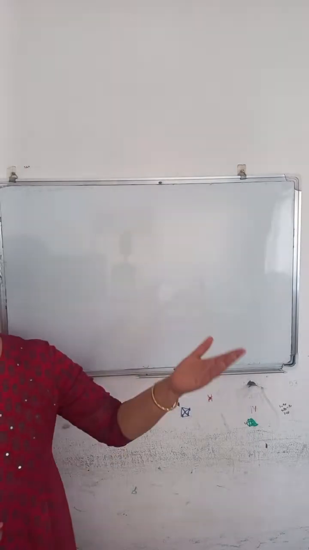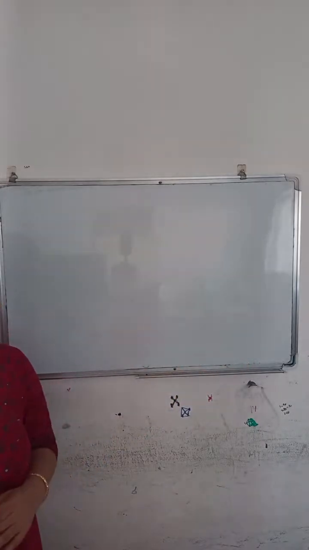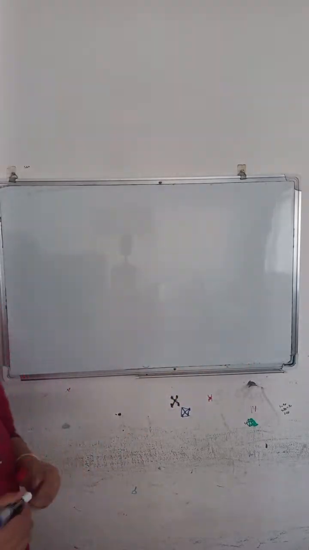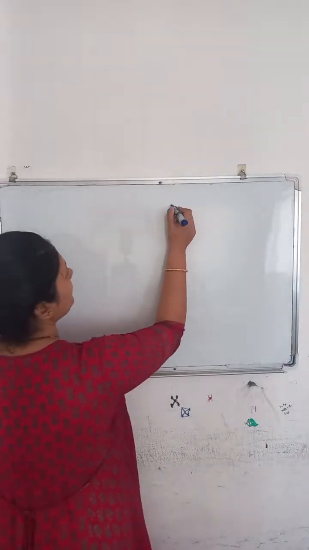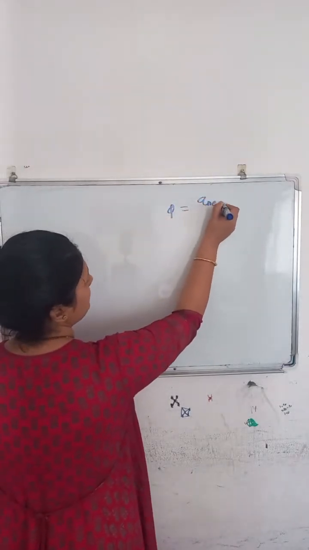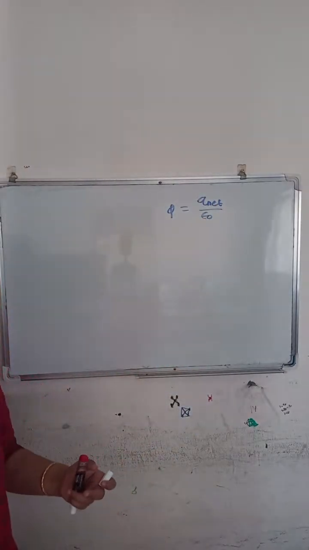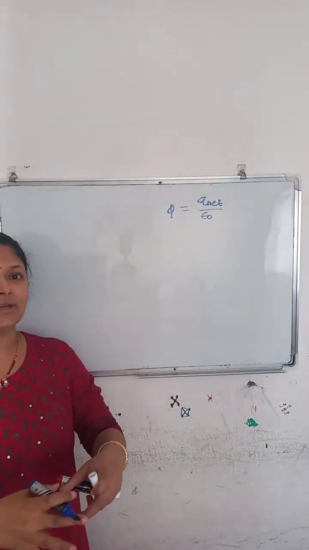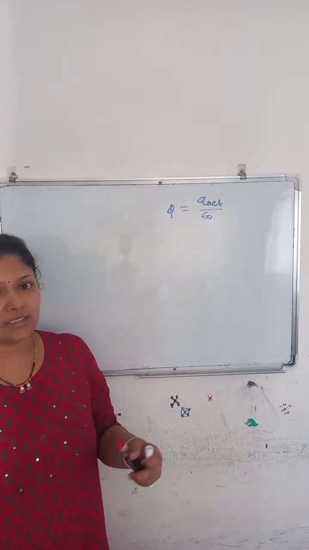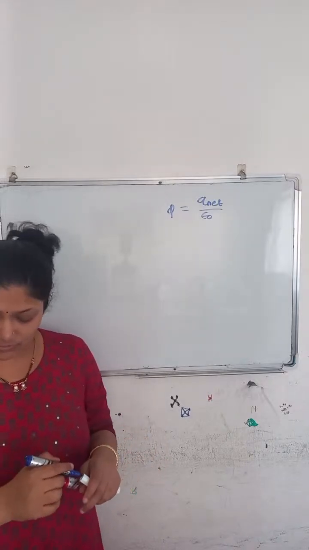No, if charges are outside it will not. Because we know that flux phi is equal to Q net upon epsilon naught. Q net means what? Q net, we are taking the charges which are enclosed within the surface area. So here outside charges we are not taking. So first statement is false.